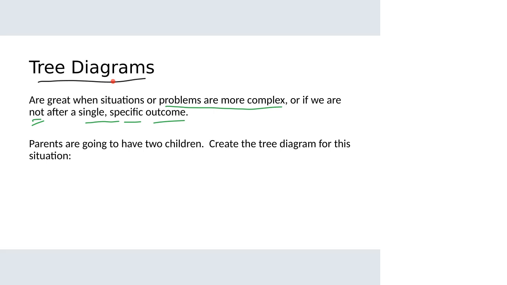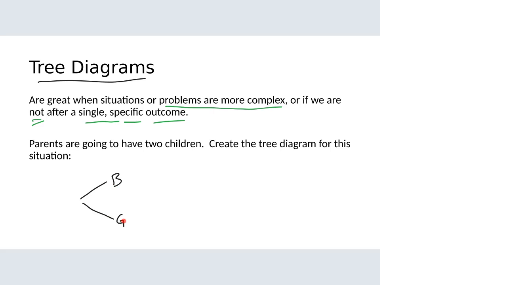We're going to start with an extremely simple situation, an extremely simple tree diagram, just to get our feet on the ground. Here's an example. Parents are going to have 2 children. Create the tree diagram for this situation. So we start from just nothingness, and they're going to have that first child, and it's either going to be a boy or a girl.